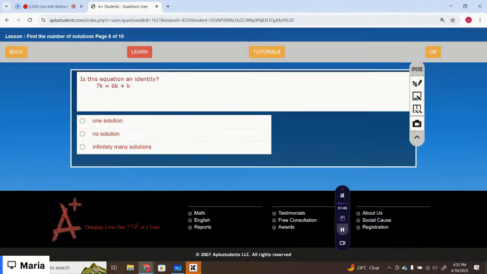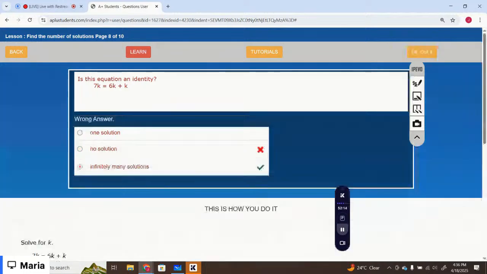Is this equation an identity? No solution. Option number two is the correct option.